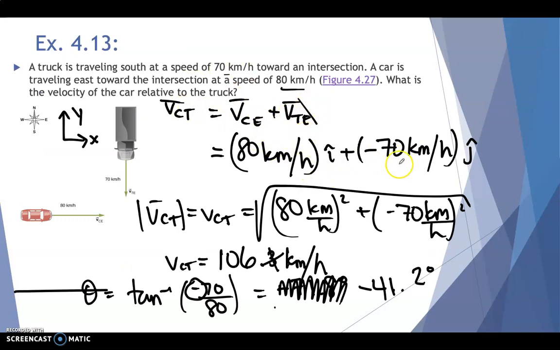So this is a little bit tricky in remembering. So this should be V sub CE bar minus V sub ET bar. So we have to insert that negative in order to move the subscripts around.